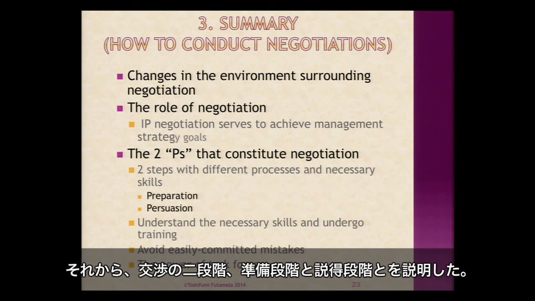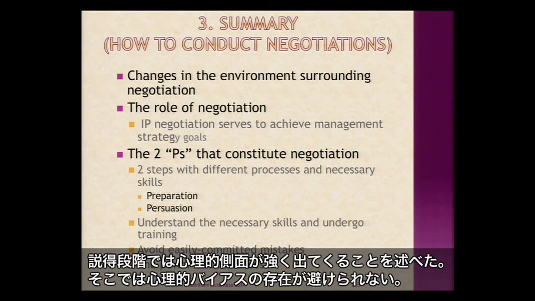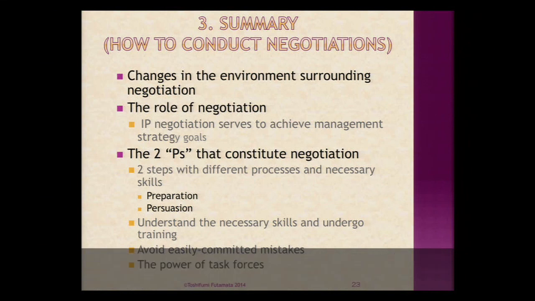Next, I explained the two stages of negotiation, the preparation stage and the persuasion stage. The method and attitude at each stage are completely different from the other. I explained that a strong psychological element emerges in the persuasion stage, and it is inevitable to have some sort of bias on both sides.